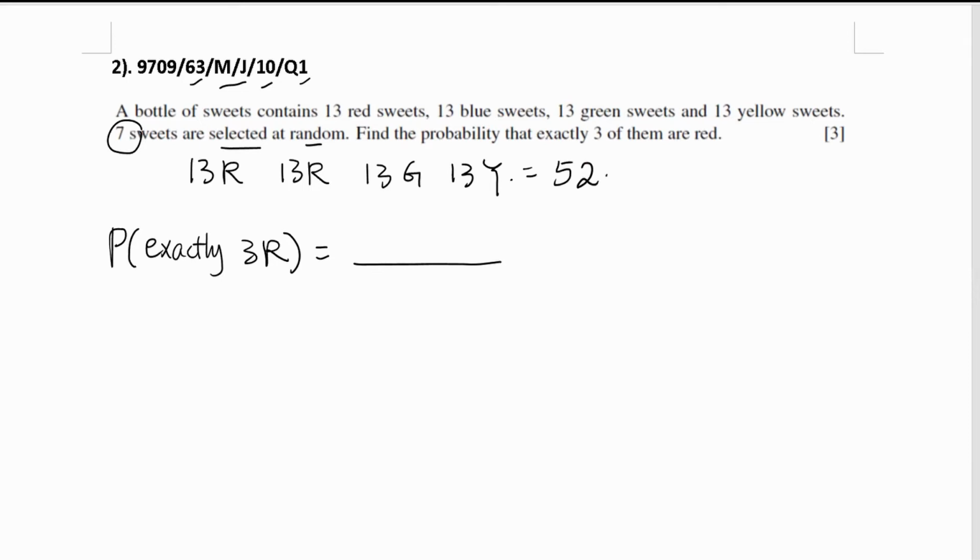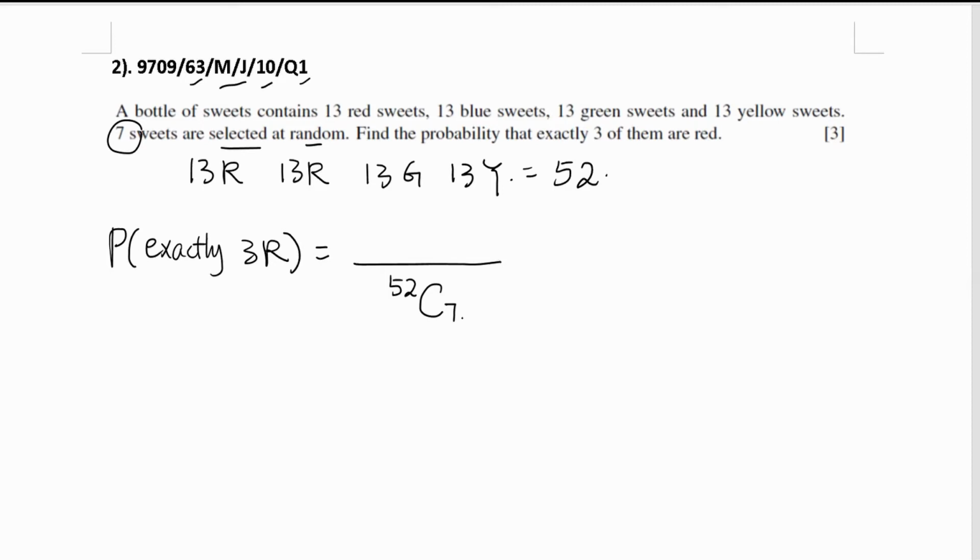Yeah, 52 sweets inside a bottle. Randomly select 7 sweets: 52C7. So these are the total ways you have to select any 7 sweets out of 52 sweets. That will be the total number of ways.